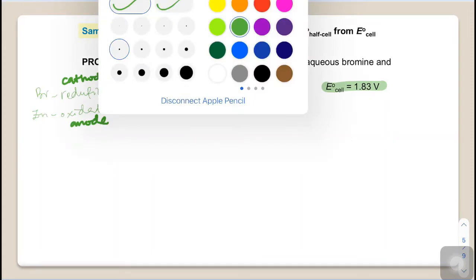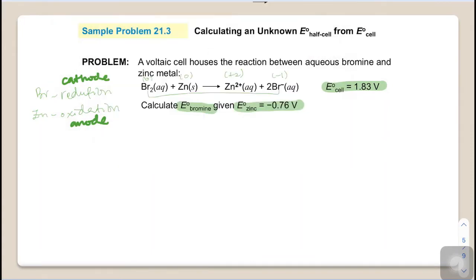So we are using the normal equation, which is E naught cell equals E naught cathode minus E naught anode. E naught cell is given as 1.83 volt.